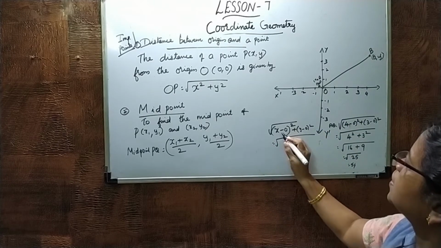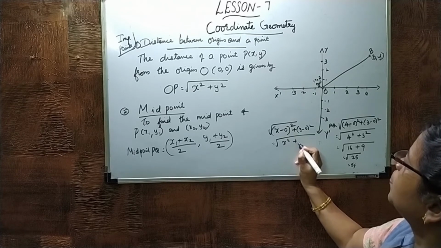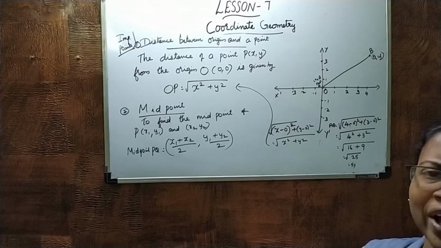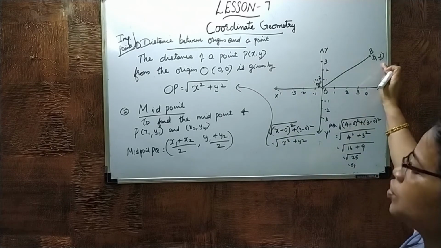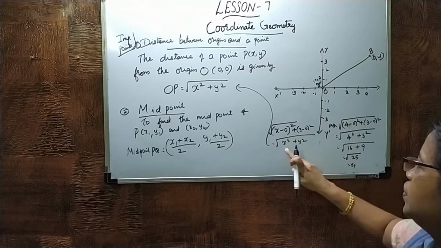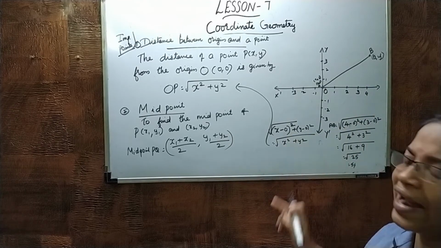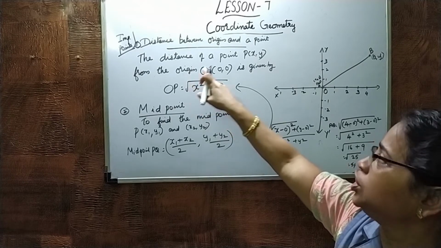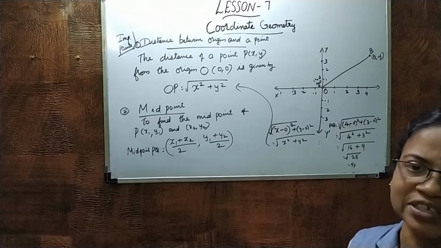What will you get as the answer? Root of x square plus y square. Same thing I wrote here. When we write it as x, y, for any other coordinates also, just write the square of each inside the root and add, and you will get the answer. When finding the distance from the origin to a point, you can get it like this.